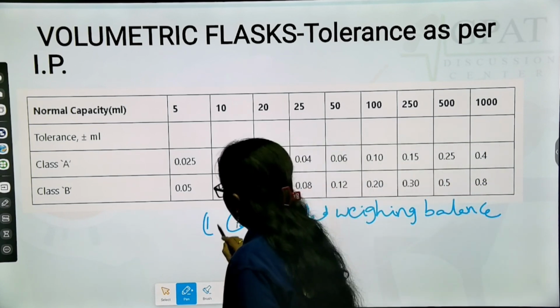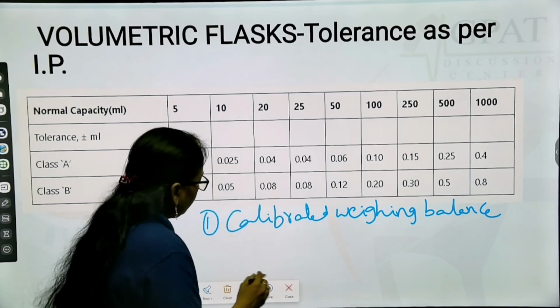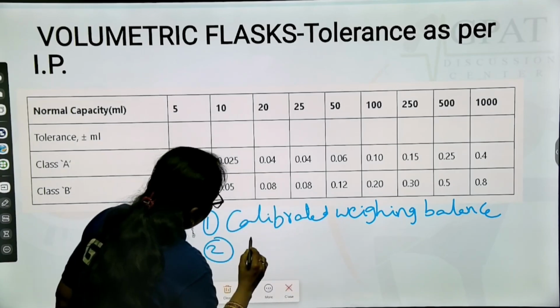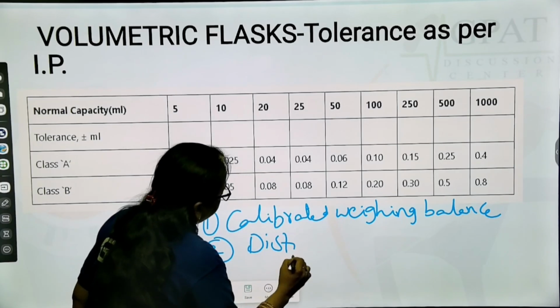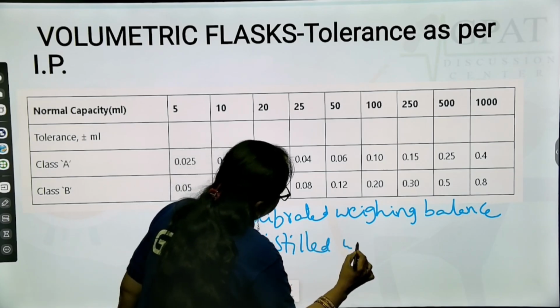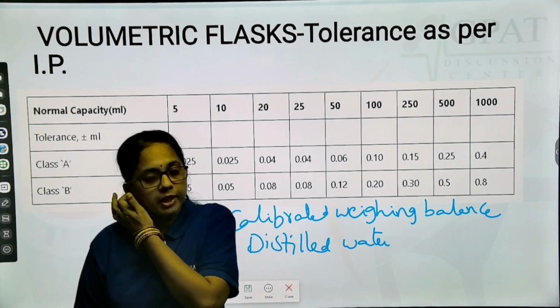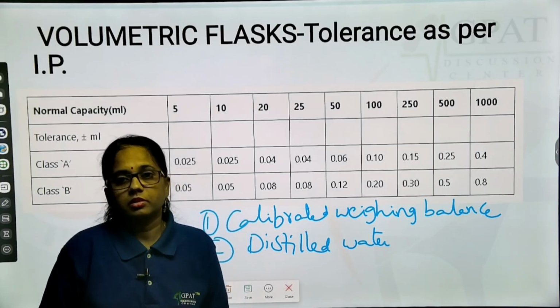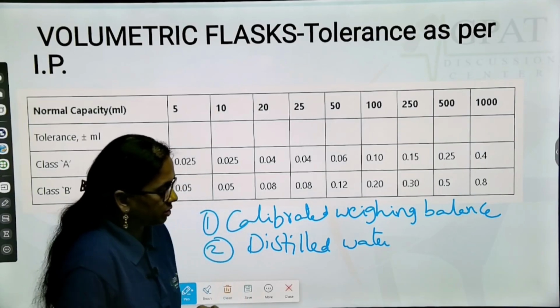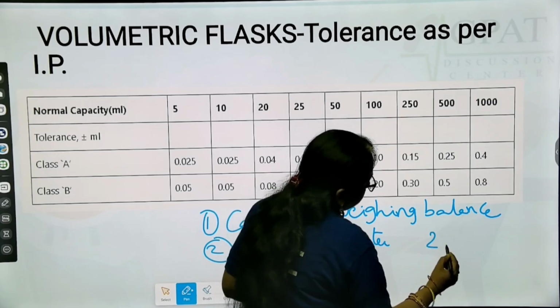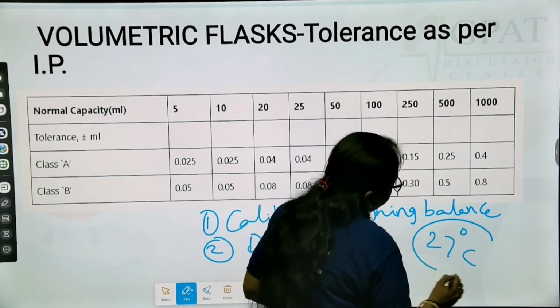And automatically you need to use distilled water. Okay. So distilled water you have to take, and what is the density of the water at particular temperatures, you should be aware of this. But always maintaining 27 degrees in the laboratory is difficult.